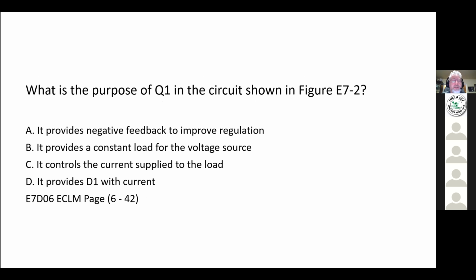What is the purpose of Q1? Oh, I missed another figure. Boy, we are just batting 1,000 here. Charlie. The figure shows E7-DO6 power supplies.